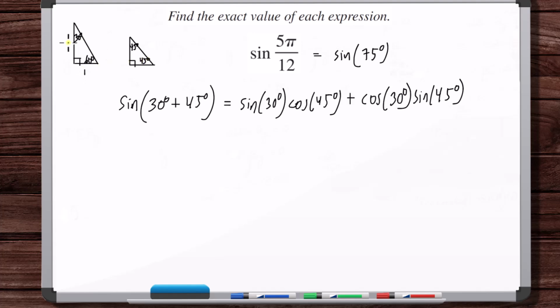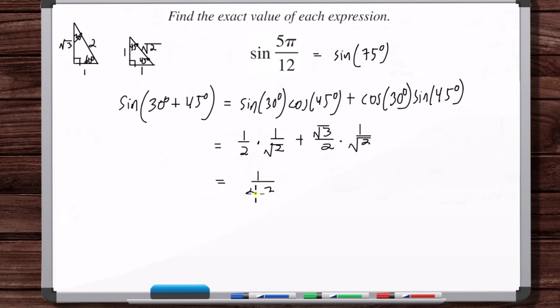So here we've got 1, root 3, 2, and then 1, 1, root 2. And in fact, I'll go ahead and copy this. Okay, so sine of 30, opposite over hypotenuse, is 1/2. Cosine of 45 is 1 over root 2. Cosine 30 is root 3 over 2. Sine of 45 is 1 over root 2.